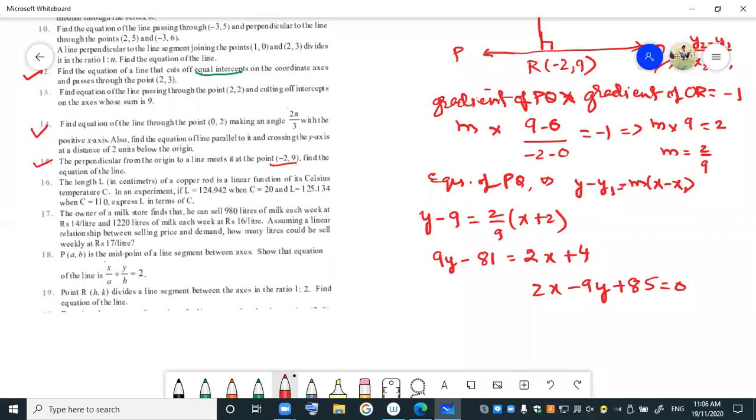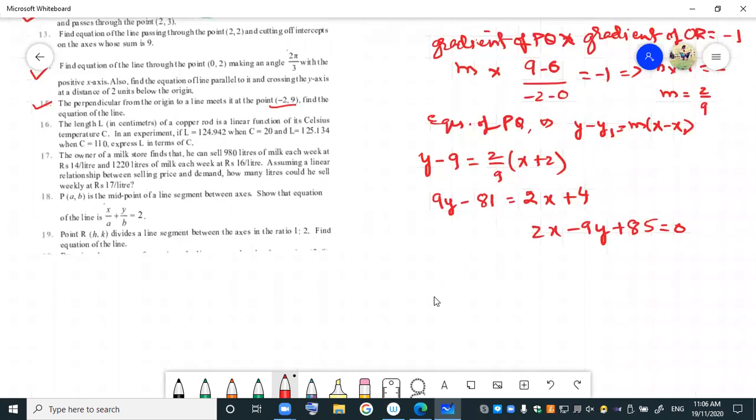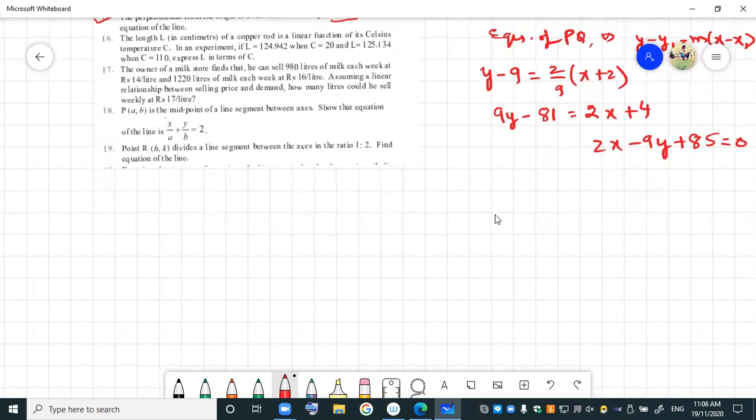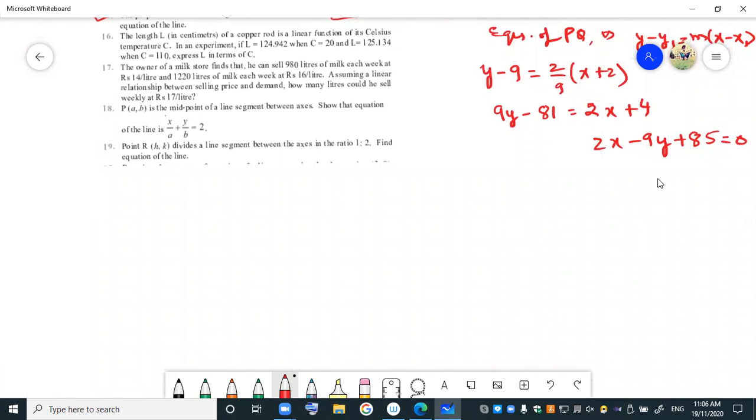Okay. Question number 16. Capital L is the length in centimeters of a copper rod, which is a linear function of temperature.